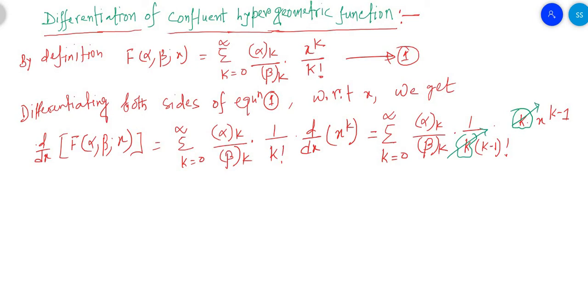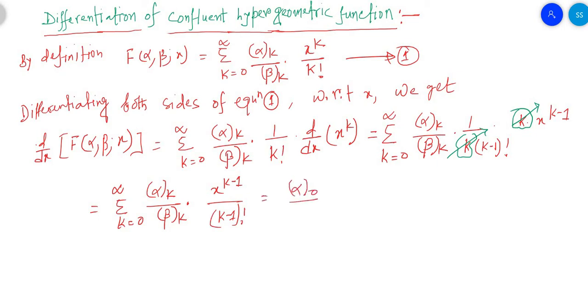Then we can write summation k equals 0 to infinity (alpha)_k over (beta)_k into x to the power k minus 1 over (k minus 1) factorial is equal to (alpha)_0 over (beta)_0 into x to the power minus 1 over (minus 1) factorial.